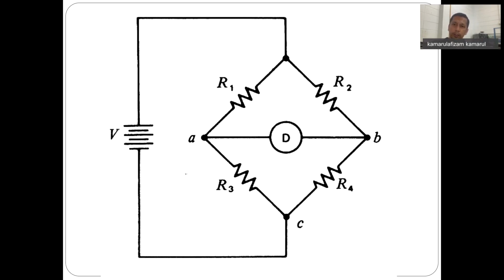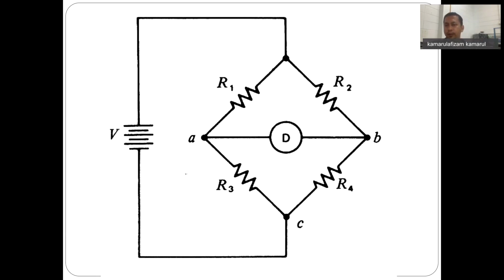We are measuring the potential drop at resistor R3 at point A. So we are using the voltage divider concept at point A, which is V, the system supply, multiplied by R3, divided by R1 plus R3. That's the voltage at point A.